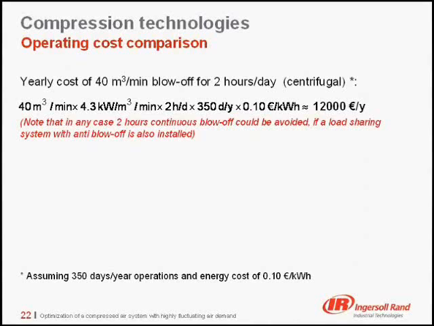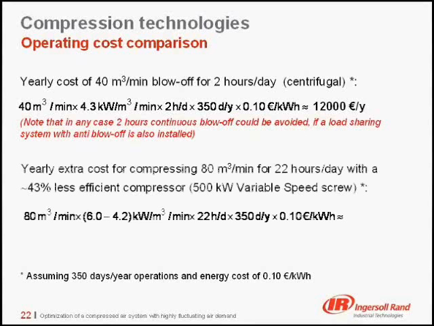Then, the second step he should have done is to calculate the extra cost for using for the 22 remaining hours per day a compressor that is 43% less efficient than another one. And the cost is around 110,000 euro per year.